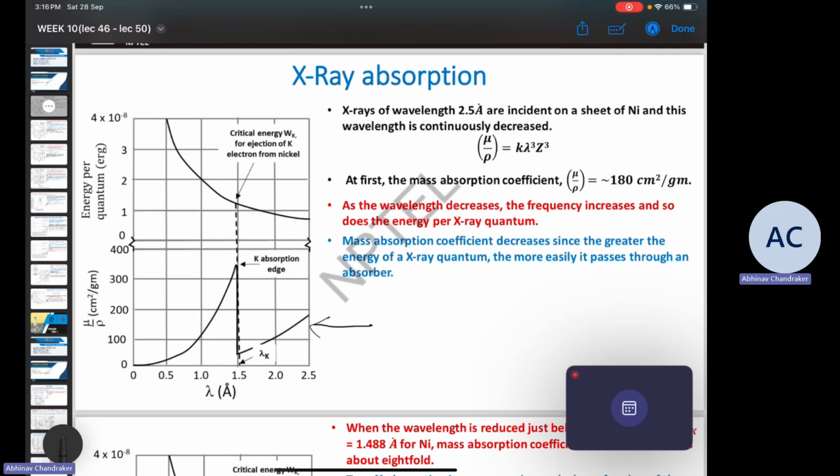But as the energy of the X-rays increases, it's less likely that the beam will get scattered, and this is because it's less likely that there will be interaction with the scattering center, since the energy of the beam is so high, that is, the wavelength is very small.